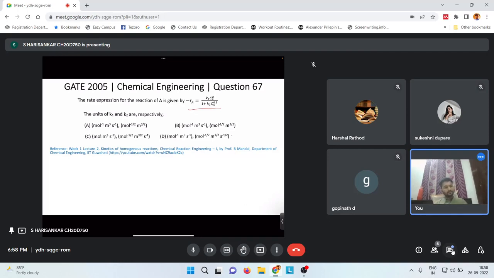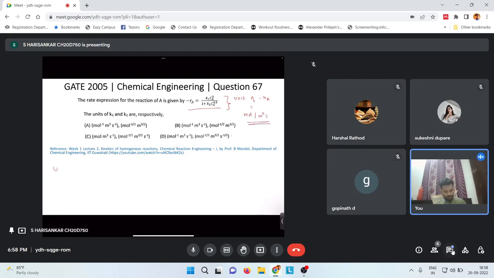The first thing you need to remember is the units of rate of reaction. So unit of minus Ra, this will be mole per meter cube second. Okay.